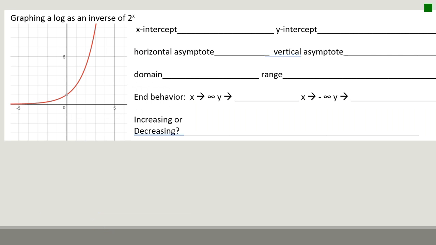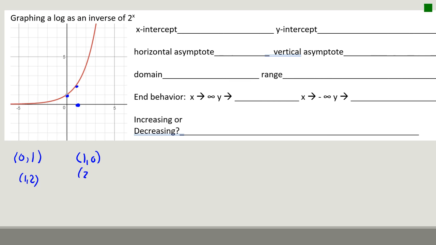All right. Now, logs, we said, were the inverse of exponential. So with the inverse, the easiest thing to do is switch my x and y points. So I've got 0, 1. That means with the log, I've got 1, 0. And then I've got the point 1, 2.